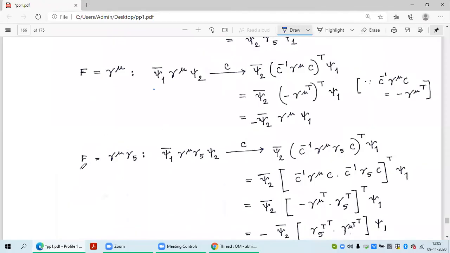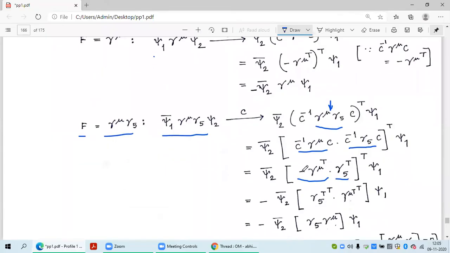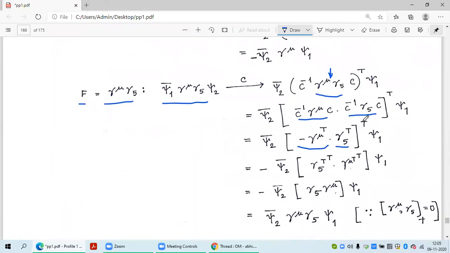Now, if f is gamma mu, then the object f is this. Its transpose, you introduce C and C inverse in between here. By definition, this is minus gamma mu tau, and this object is simply gamma 5 tau. So you bring the minus sign in front, and take the whole tau. So gamma 5 tau over.